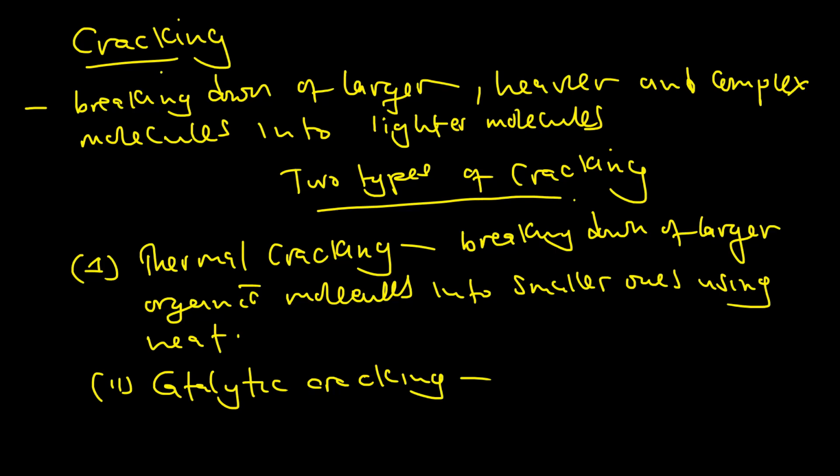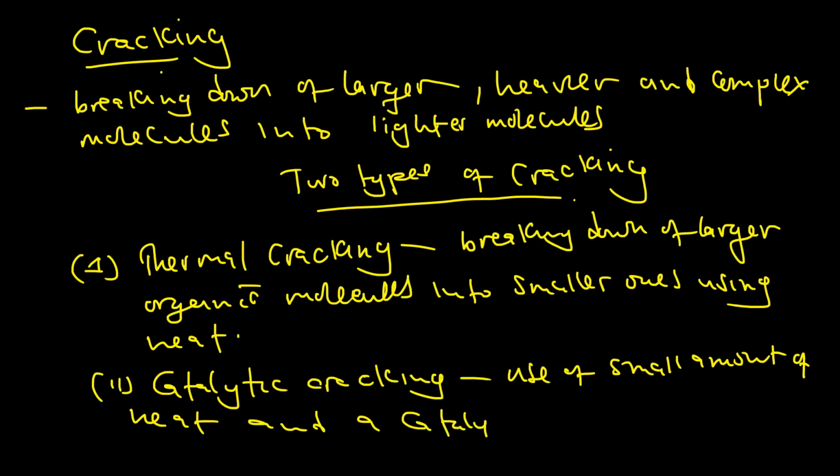So it involves use of a small amount of heat and a catalyst, in this case, to break down large molecules into smaller ones. So catalytic cracking is a breaking down of complex hydrocarbons using less heat and a catalyst.